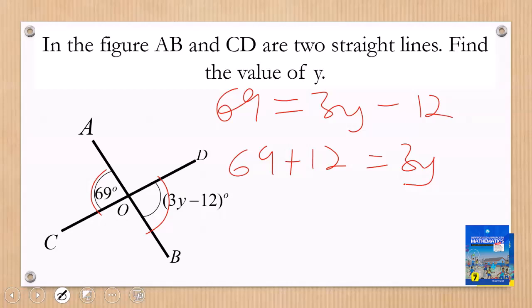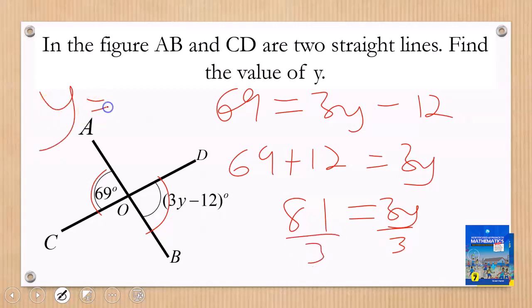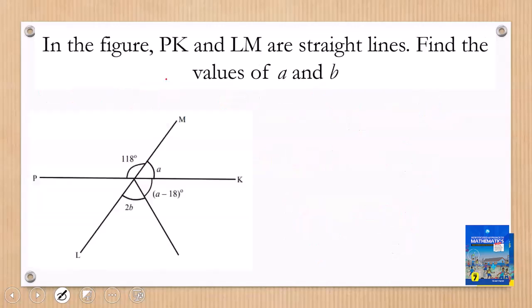Now if I add this, I have 81, right? Is equal to 3y. So to find y, we divide both sides by 3, and then y becomes 27. That is, 27. Good. So the value of y is 27, or we can say 27 degrees.